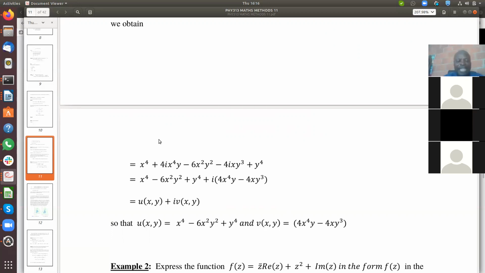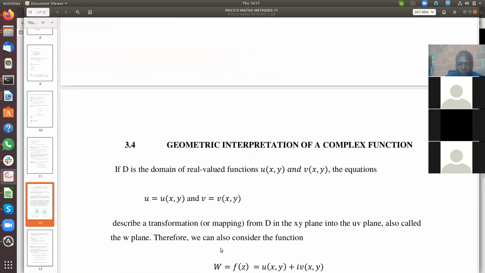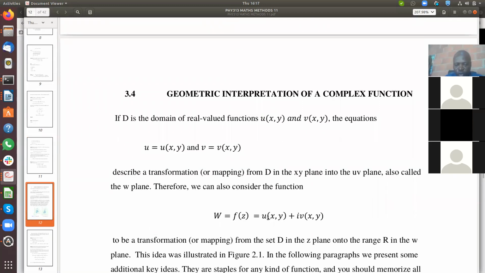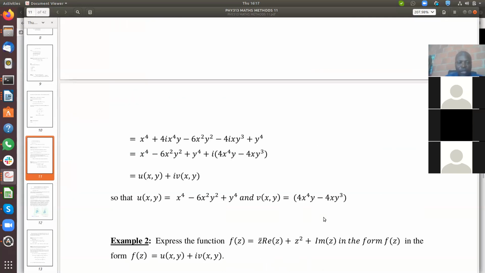So if our f of z is equal to this first expression, what you are expected to do is to rewrite this expression in the form f of z equals u(x,y) plus i v(x,y). The simplest thing to do is just to collect the like terms. What do I mean by like terms?